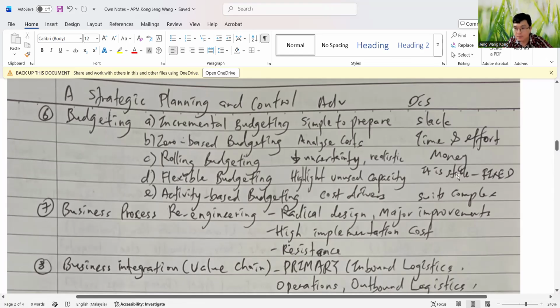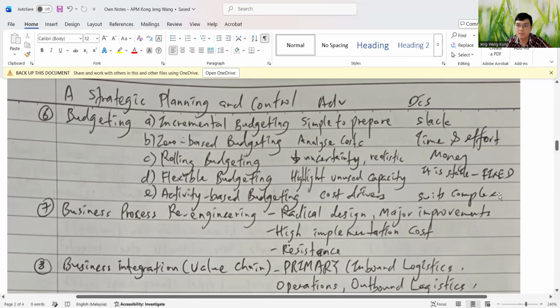If it's stable and fixed, there is no use for flexible budgeting because it is a stable environment. Then fixed budgeting will be recommended. Activity-based budgeting will be based on cost drivers. So by understanding the cost driver, we are able to calculate based on the activity.